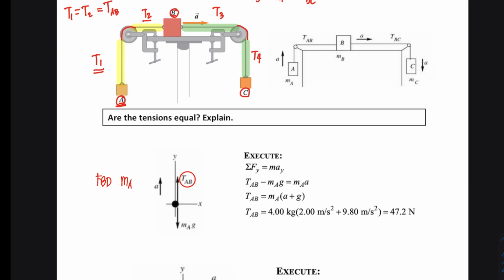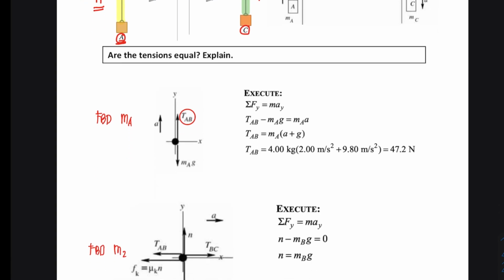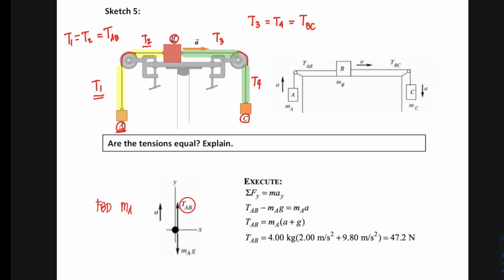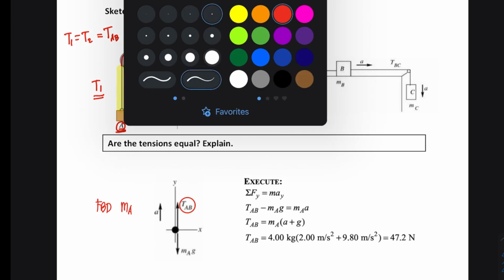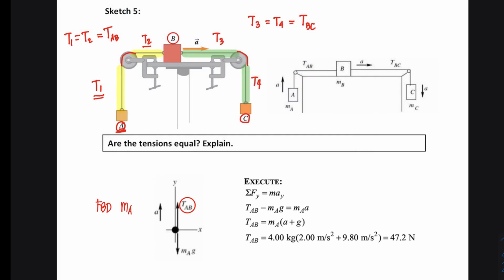Now, if you try to move on to the free body diagram for mass 2, this is this body over here. I'm just going to erase it, but this is the second mass or mass B. Now, clearly, if we stick to our previous notation, we will have T2 and T3, right?